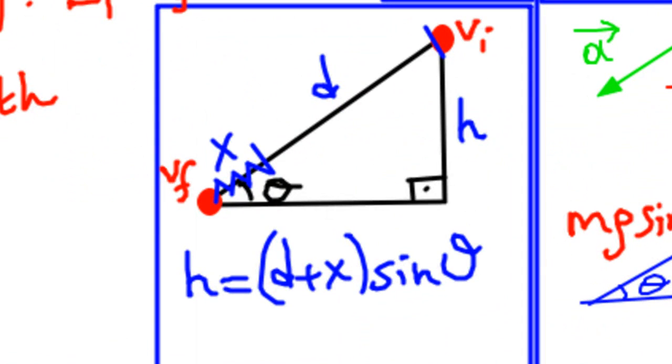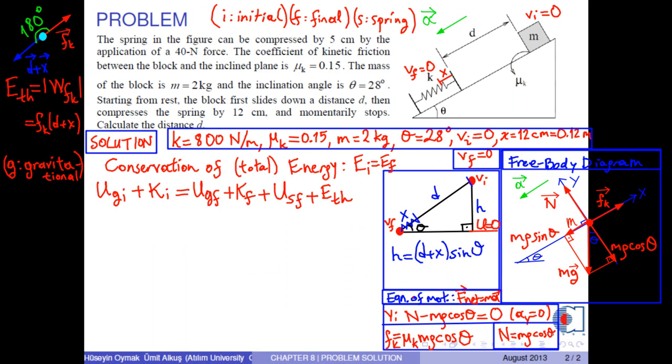According to the right triangle in the figure, if we take the bottom level as the zero gravitational potential energy level, the initial gravitational potential energy of the block becomes m times g times h, because it is height h above the zero gravitational energy level. The initial kinetic energy of the block is 0, because the initial speed of the block is 0.